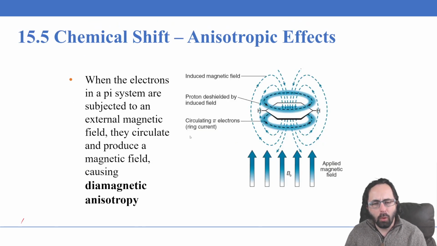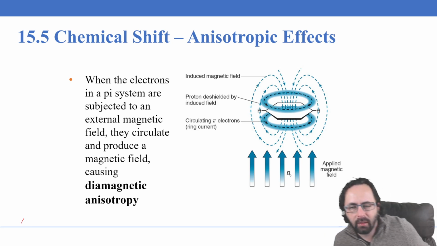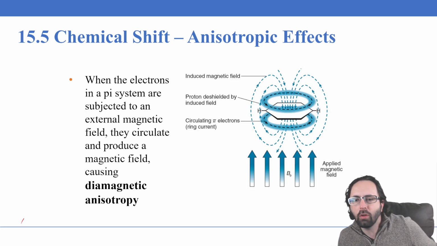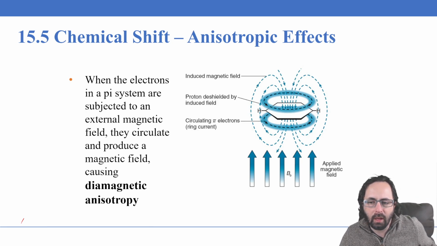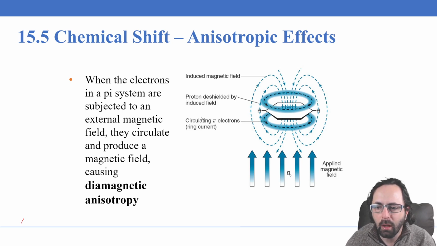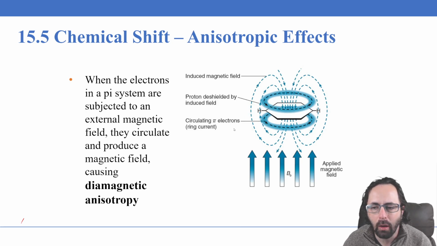So another important effect that affects chemical shifts is anisotropic effects. These occur due to the movement of electrons that are shared between unhybridized p orbitals in a pi bond. Here we have a benzene ring, which has alternating pi bonds, single, double, all the way around.